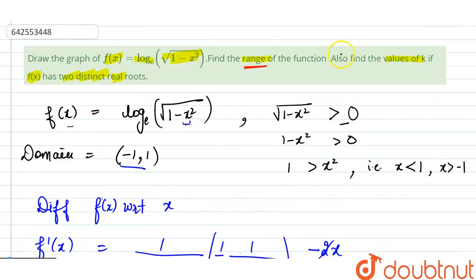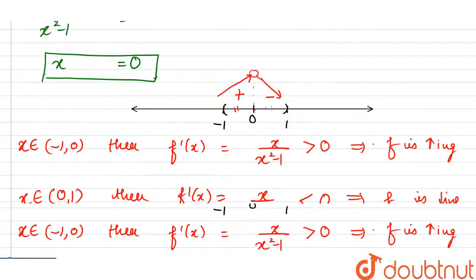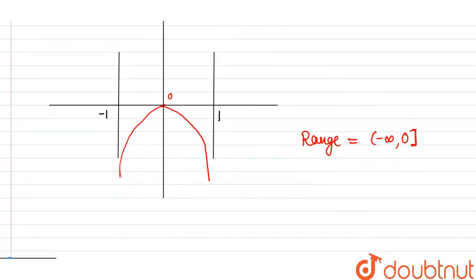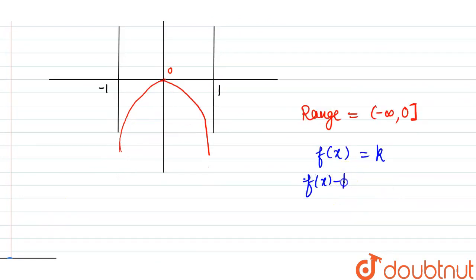Now we have to find the values of k if f of x has two distinct real roots. Now for f of x to have distinct real roots, that means f of x is equal to k has distinct real roots, that is f of x minus k is equal to 0.